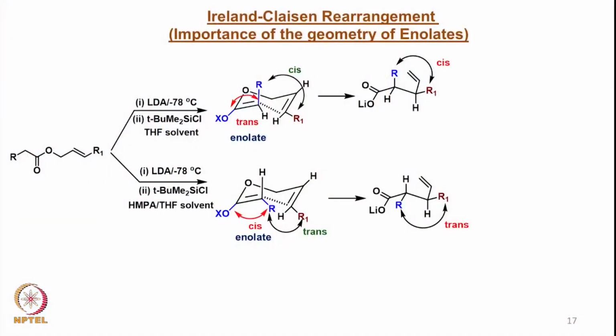Now we will look at the enol silyl ether, that means silyl enolates, having a silyl group. In this case the Ireland-Claisen rearrangement is an important reaction which depends on the geometry of the enolate. We also saw the geometry of the enolates influencing the formation of the syn-aldol and anti-aldol.